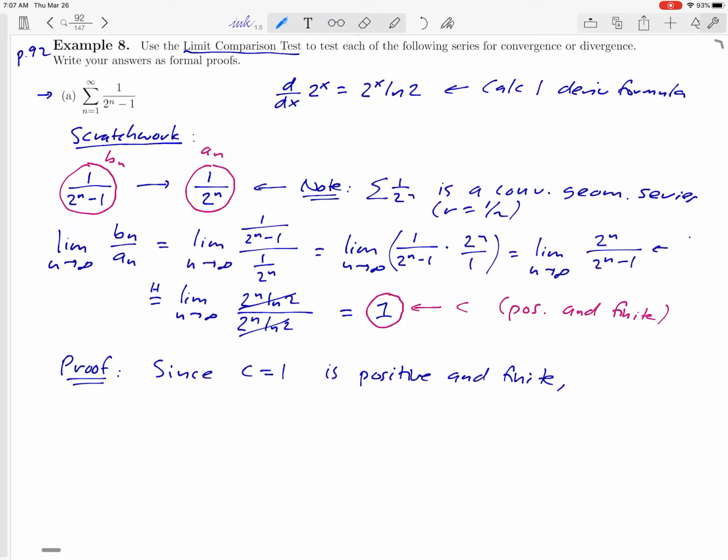and finite, the other thing that was important was that the series an, okay, up here, that was a convergent series. We kind of looked at it, noticed that it was geometric, and then concluded that it was convergent. Okay, so that's our next observation.